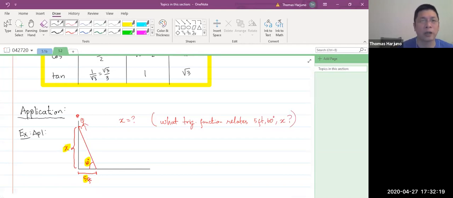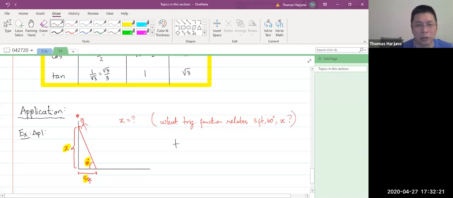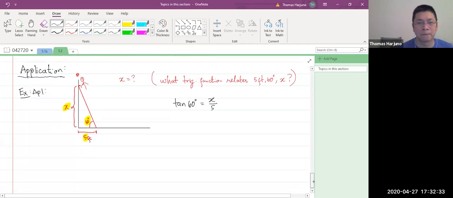And you are right. The relation will be tangent. Tangent 60 degrees is equal to x over 5, right? Does it make sense? Now, at the same time, by memorization, we know tangent 60 degrees is radical 3. So x is equal to 5 radical 3 feet.